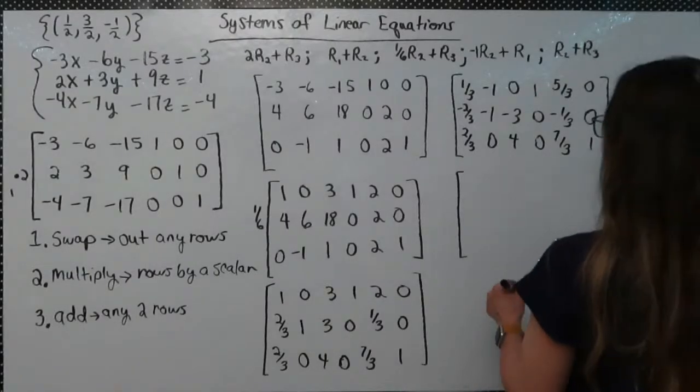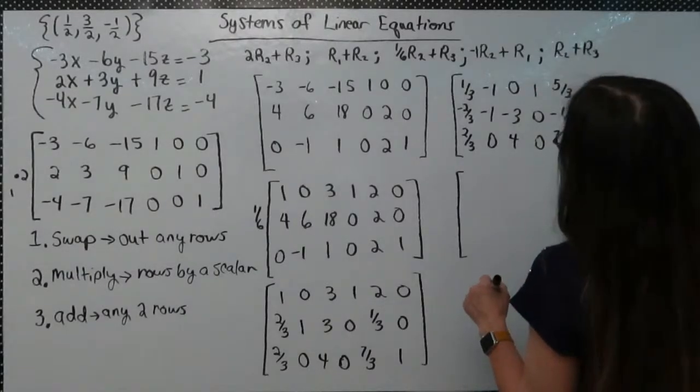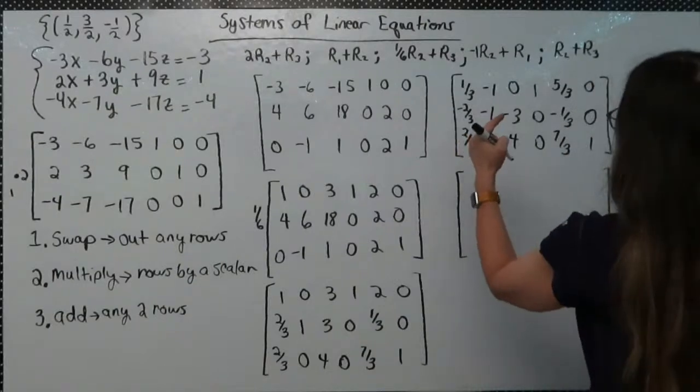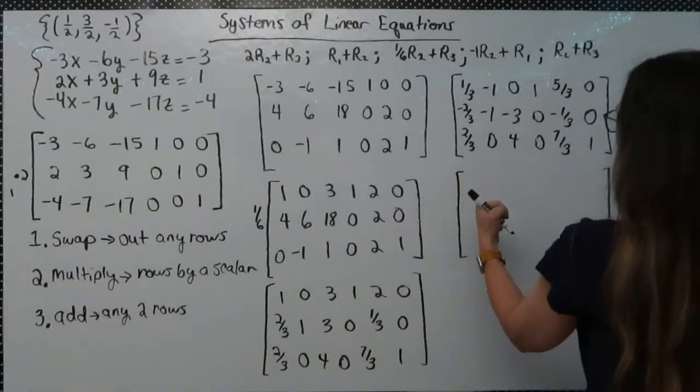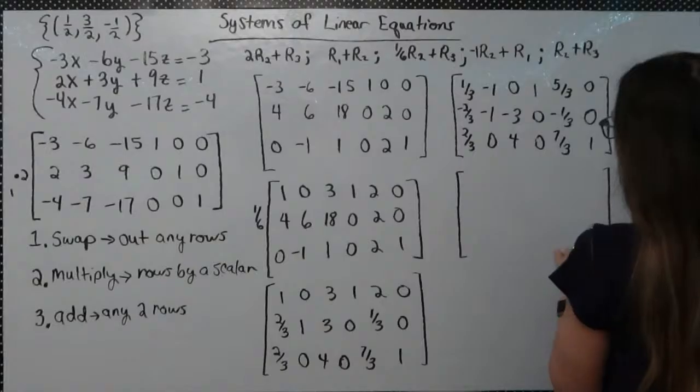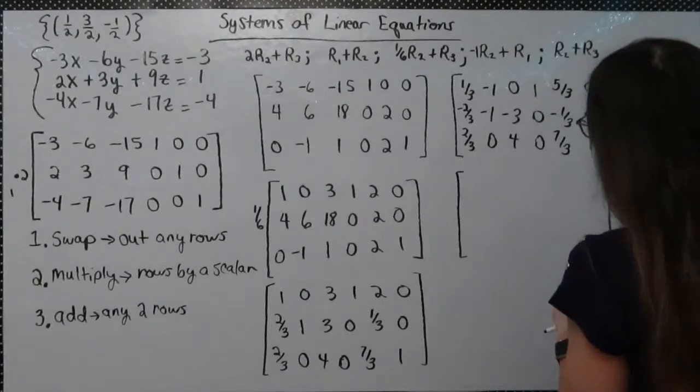So, all right. We've got row 2 plus row 3, and then do we want to replace row 2 or row 3? How to decide that?